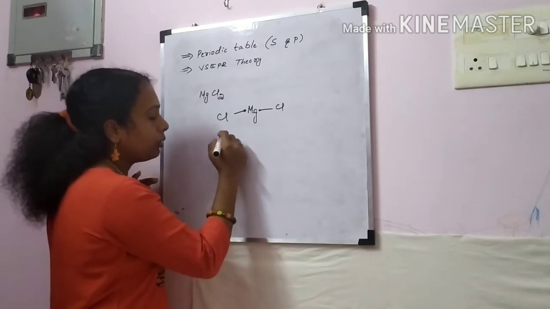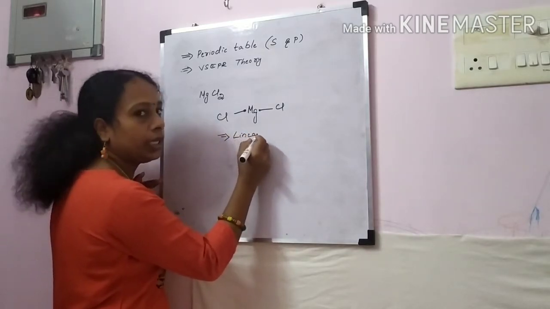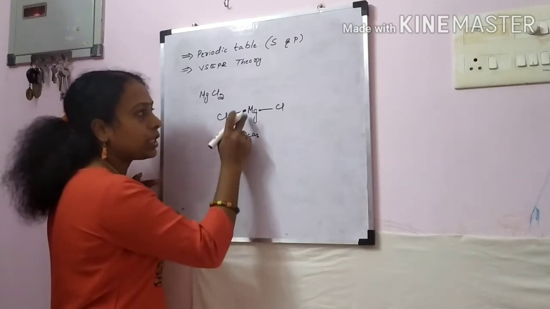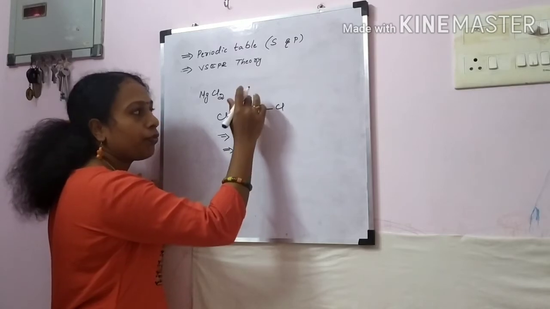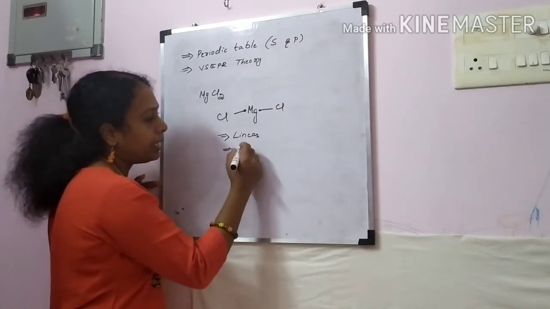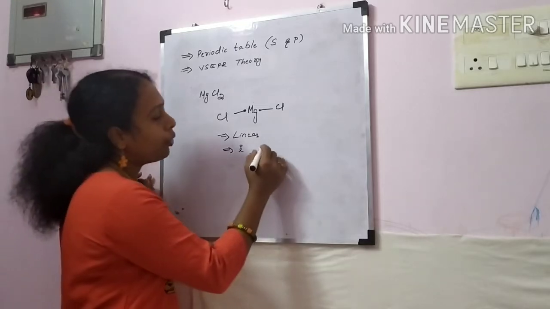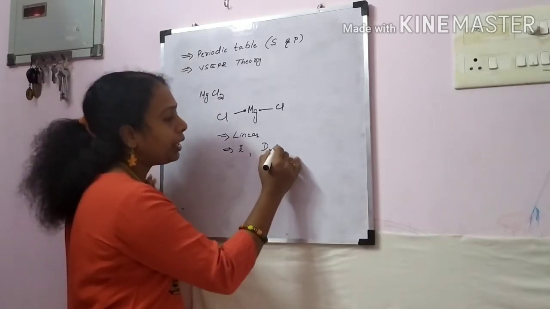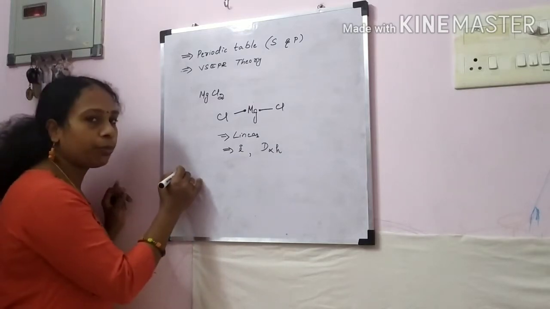This is a linear shape, and there is the presence of i, at equal distance, see, chlorine. This is the center of inversion present. So i is present. A linear molecule which has i belongs to the point group D infinity h. Okay, clear?